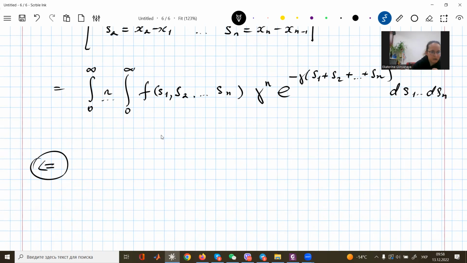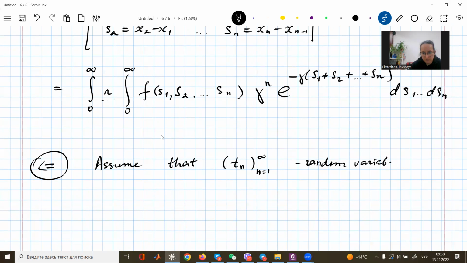So now assume that I have the random variables Tn such that they have properties from the statement.